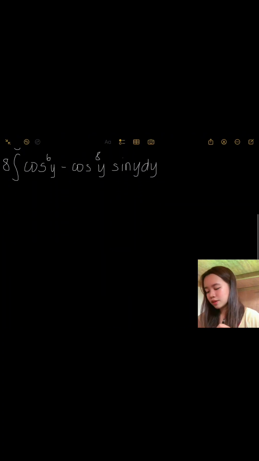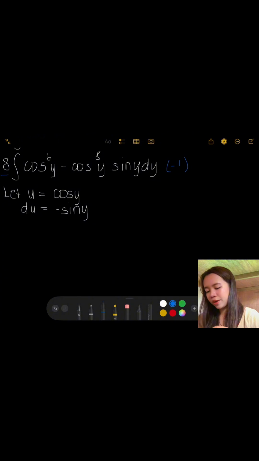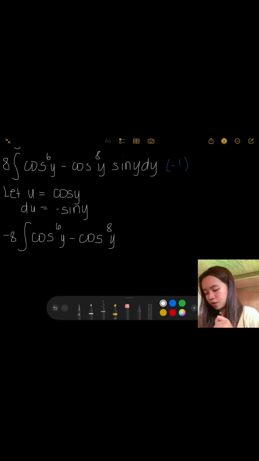So let u equal cos y. Our du will be negative sine y. So we will just multiply negative 1 on the left and negative on the right. So this will become negative 8 (cos to the 6th y minus cos to the 8th y).